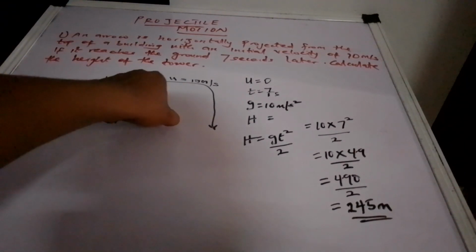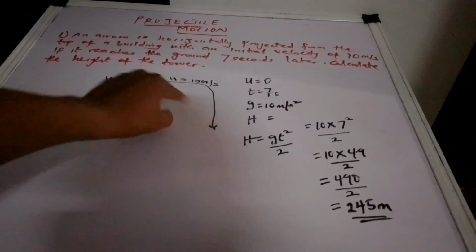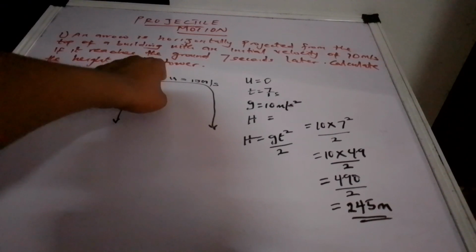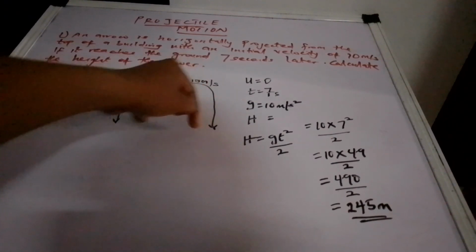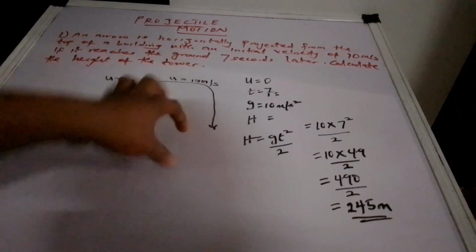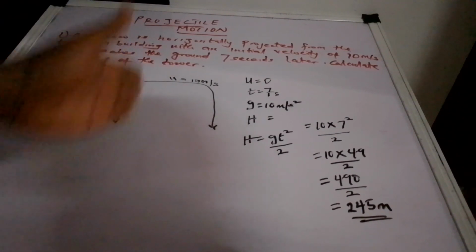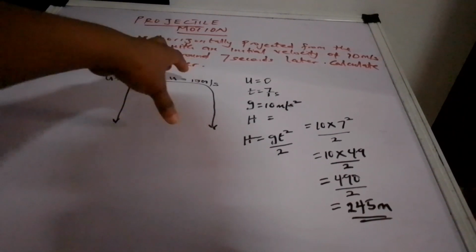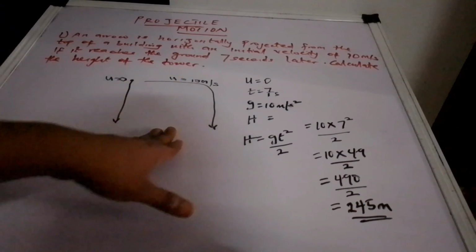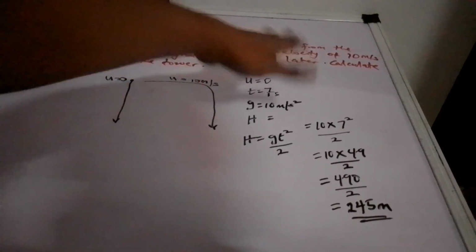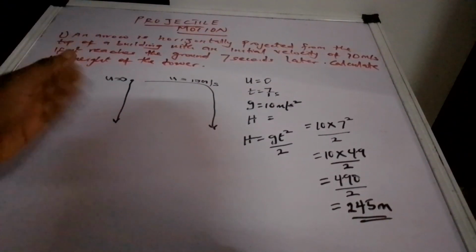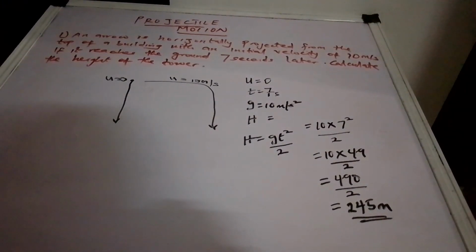In horizontal movement the velocity is constant and acceleration is 0. So this body is only falling under gravity, and only the vertical component, which is gravity, has effect on it. So we resolve this question vertically using the vertical component, and we have arrived at our answer.